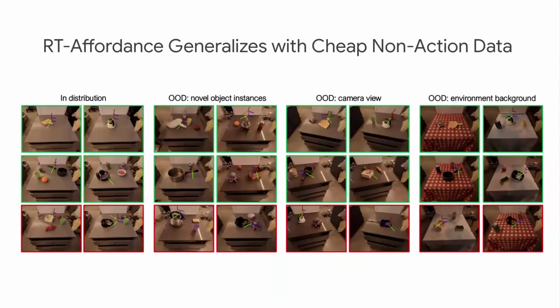And the idea here is that now that we have this hierarchy of reasoning over affordances, we can get great generalization at test time to out of distribution shifts, as well as on in distribution behaviors. This was originally motivated by the fact that in a lot of our prior works exploring different representations and different languages, there were certain categories of objects where we were consistently seeing generalization failures.